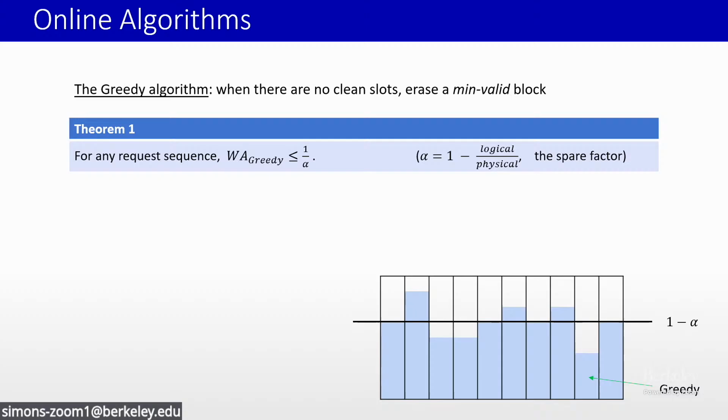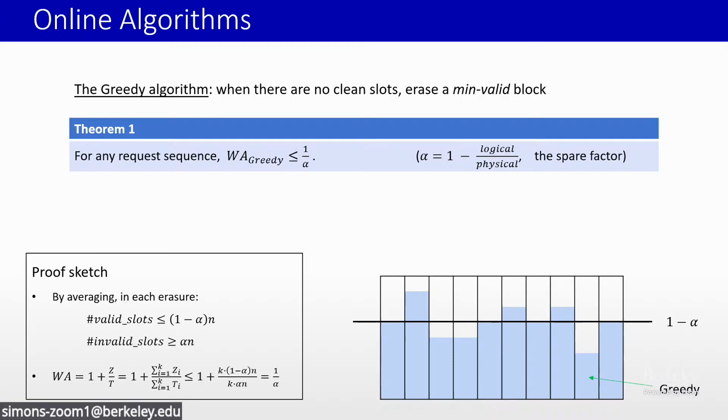Well, the greedy approach is just pick a block which has a minimum number of valid slots and clean it. And it's very easy to show that for any request sequence, the write amplification of the greedy algorithm is upper bounded by 1 over alpha. Just to remind you, alpha is the spare factor.